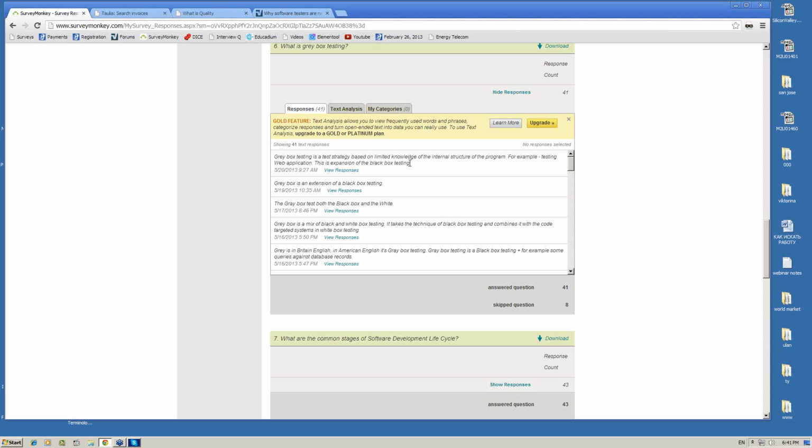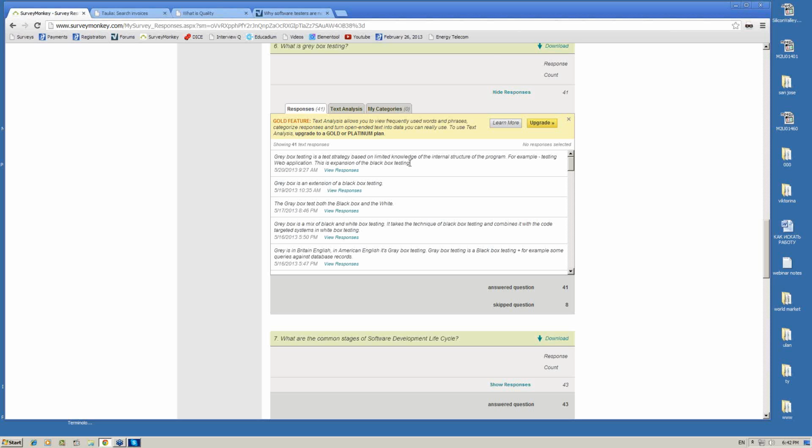Gray box testing is when you do not go to the code level. It's an extension of black box. You extend black box testing towards structural, architectural, design issues, something which is behind the user interface, and you might need some tools to do that, database tools, different tools.